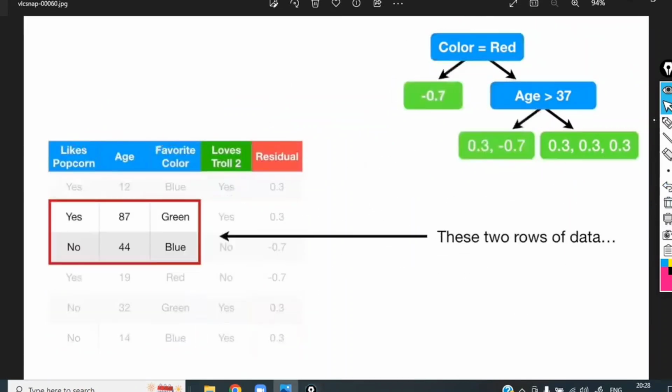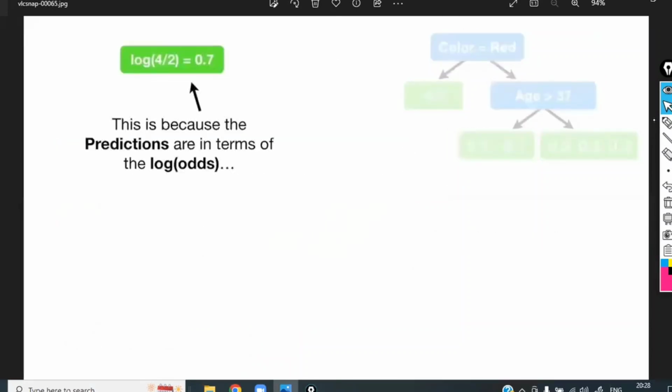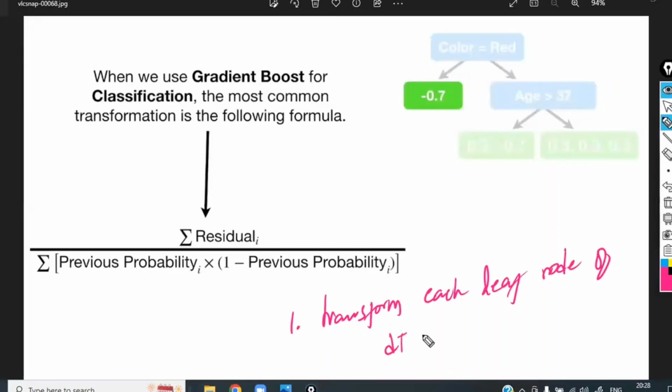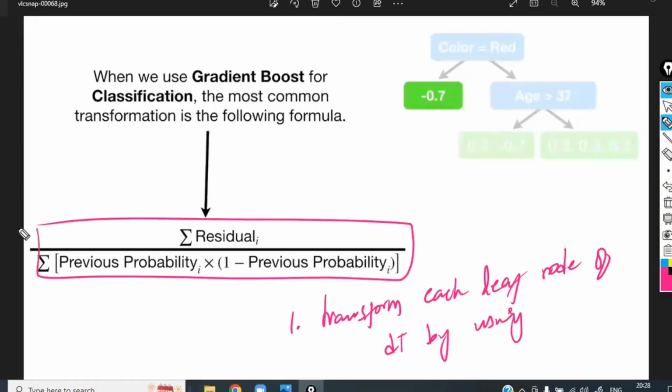Once the decision tree is calculated, now write in the notes step 2. You have to transform each leaf node of the decision tree by using this formula.